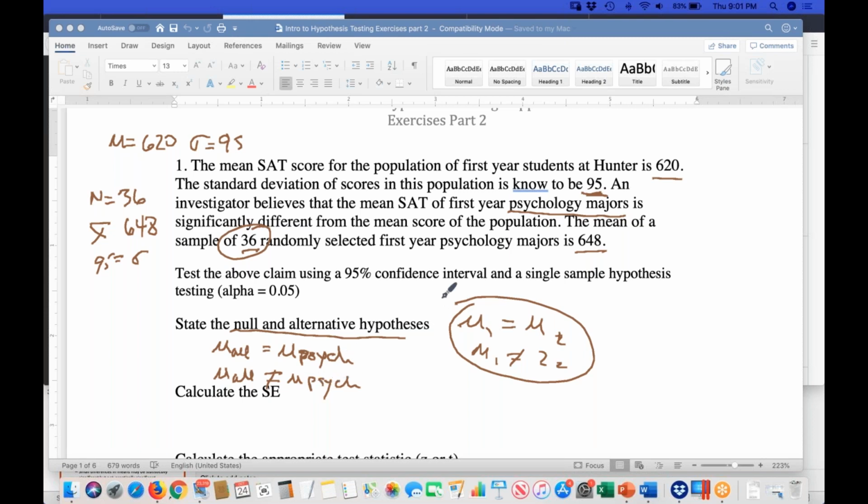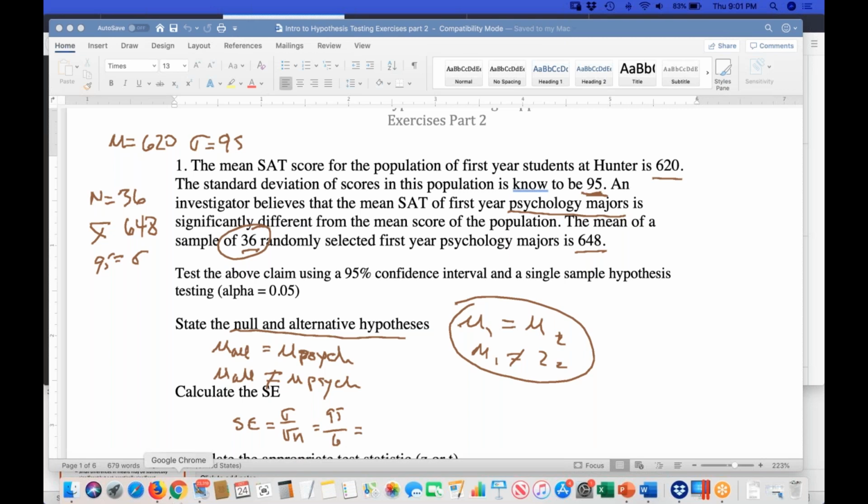So now I'm going to calculate the standard error. Because we're assuming that the standard deviation for the population is the same, since we didn't get a separate one, the standard error is sigma over the square root of n, which is 95 over the square root of the sample size, which was 36, which is 6.